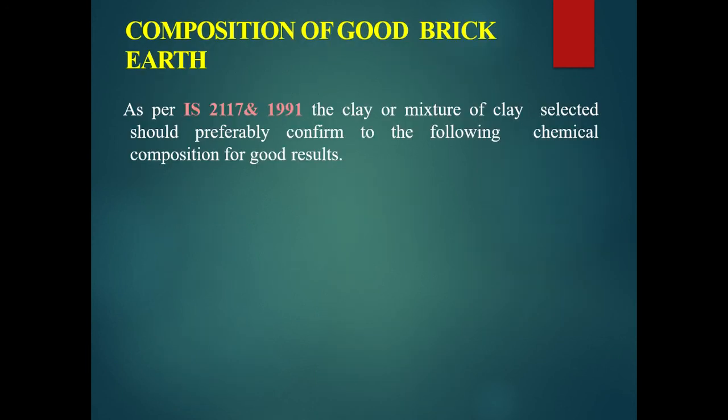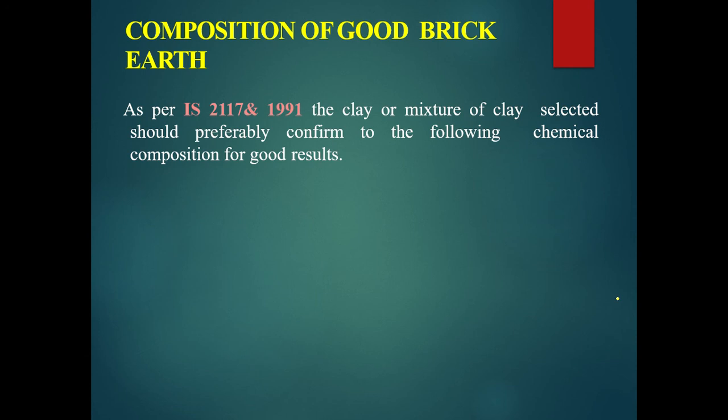Next, coming to the composition of good brick earth. Here the term brick earth means the soil which is used for making brick. According to IS 2117, the code book which specifies what should be the percentage of each composition in brick, what minerals must be there, what oxides must be there, and what range of values should be there for getting a good brick.